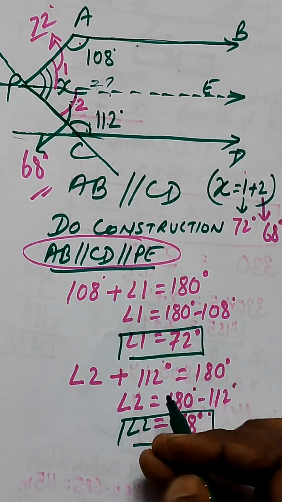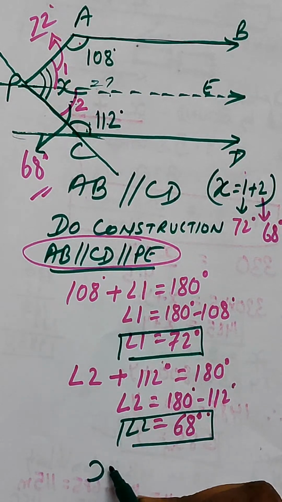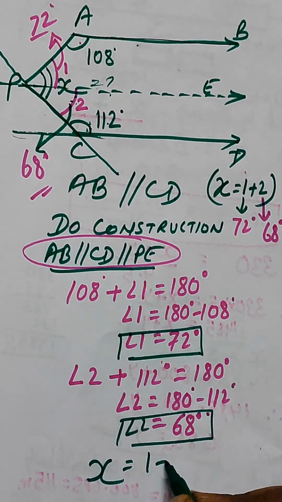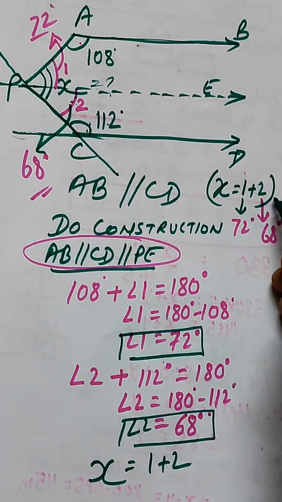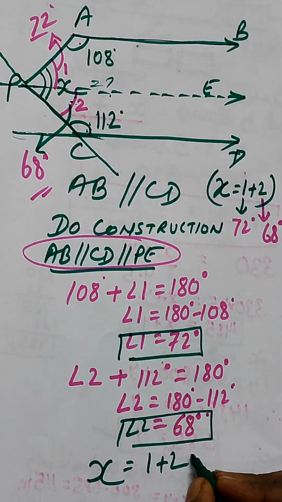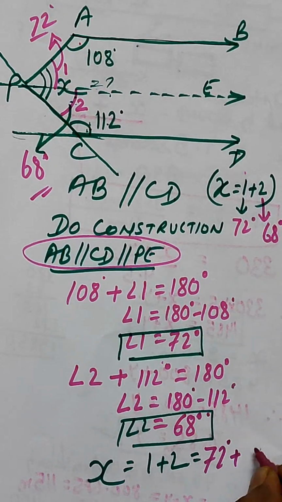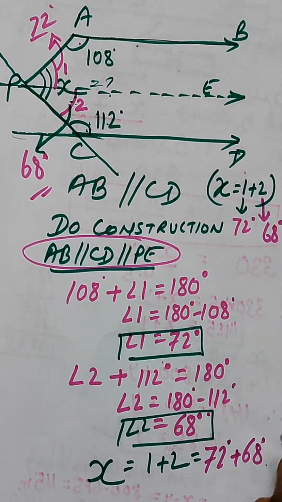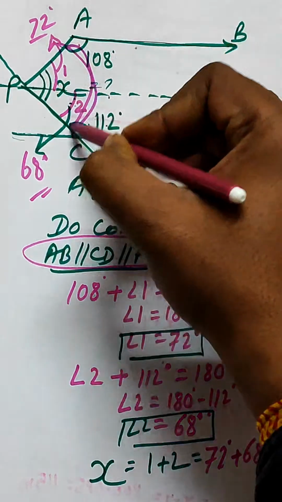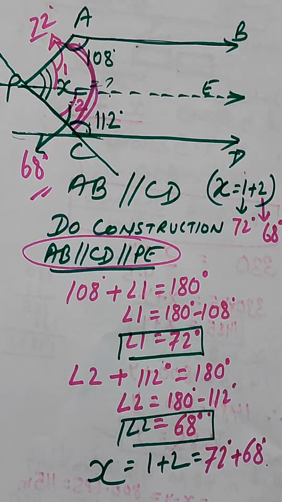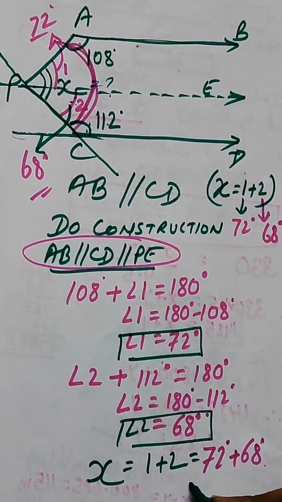X is 1 plus 2. Here you can see, angle 1 is 72 and angle 2 is 68. Just add them up to get this value. So angle X is calculated as 72 plus 68, that is 8 plus 2, 10, carry 1, 14.